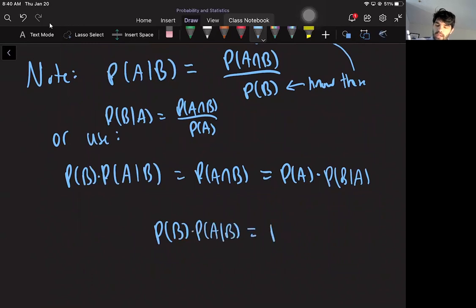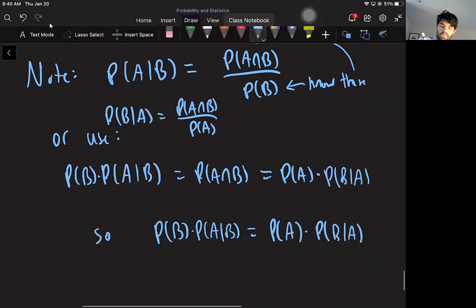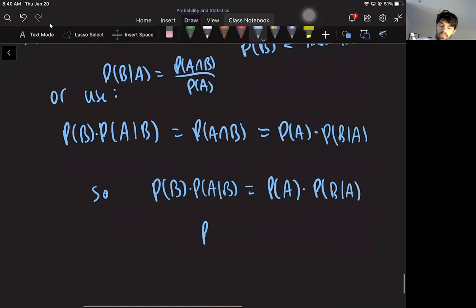This is another way to solve for the probability of A given B if you know the probability of B given A. All I have to do is divide.